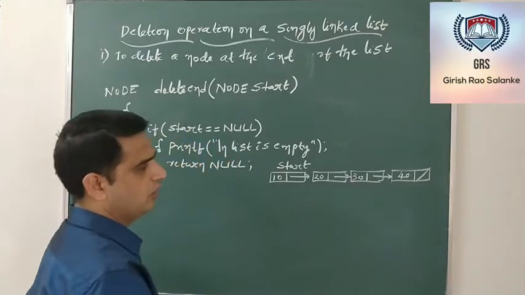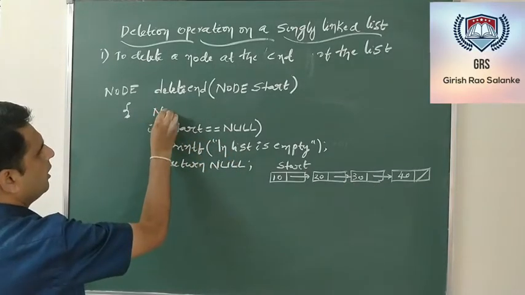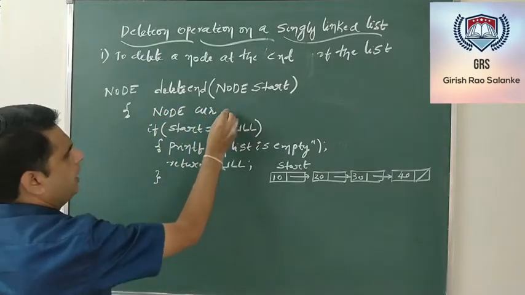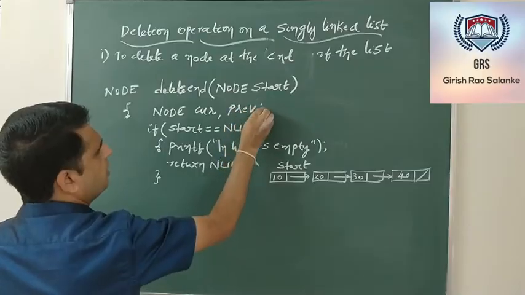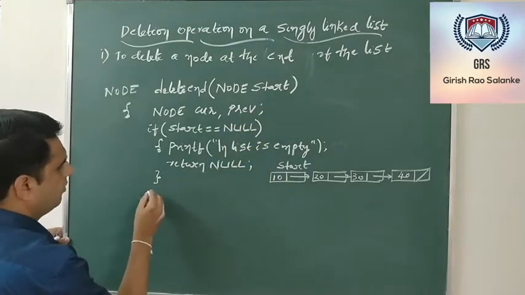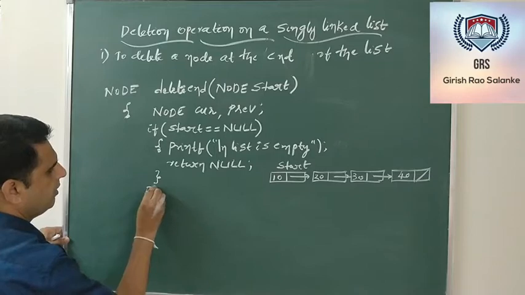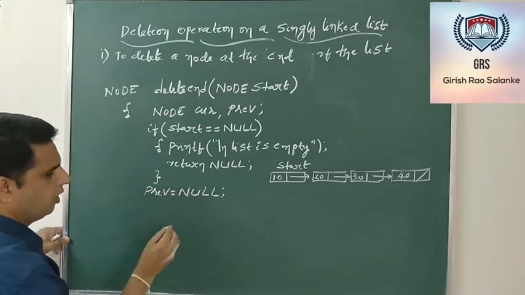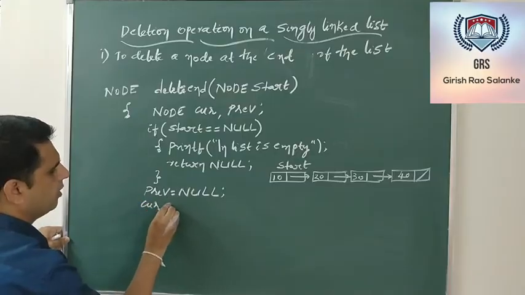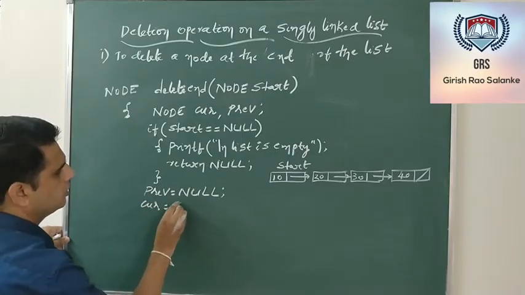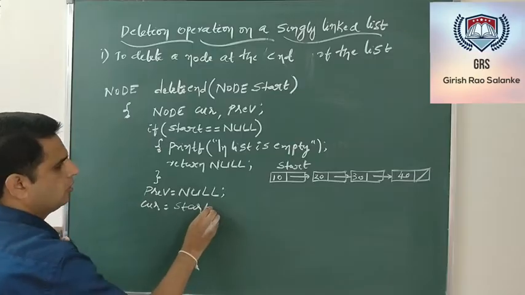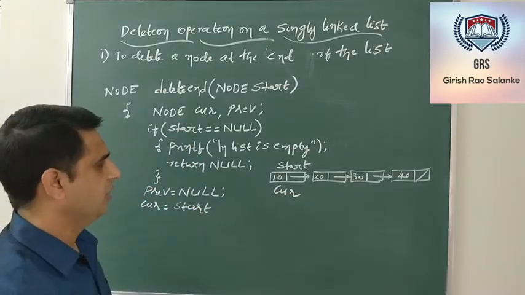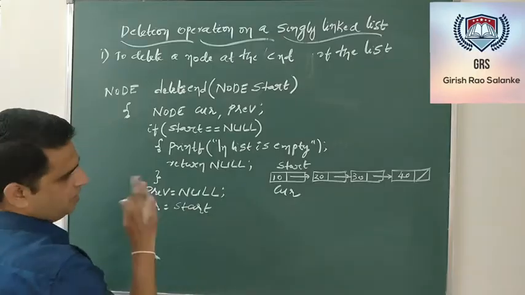So I should have 2 references. In the variable declaration, I will declare 2 variables, one by name current and one by name previous. Initially I will make previous point to null, not pointing anywhere, and current point to start. So this is my current, and previous is null.